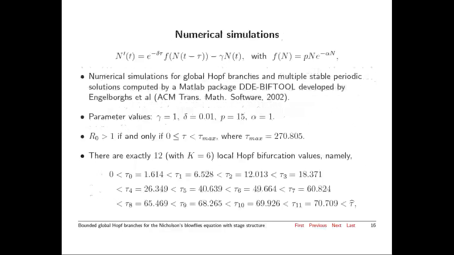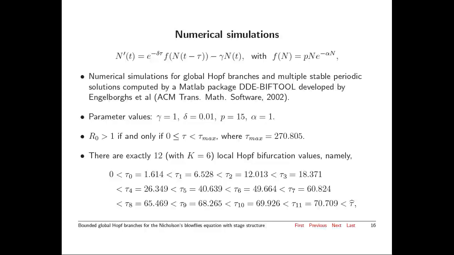Then I will give a numerical simulation to expand on our theoretical results. Here is our model, the Nicholson blowfly model with age structure, and we choose the set of parameter values given here. I forgot to mention that N is the population of mature adults.